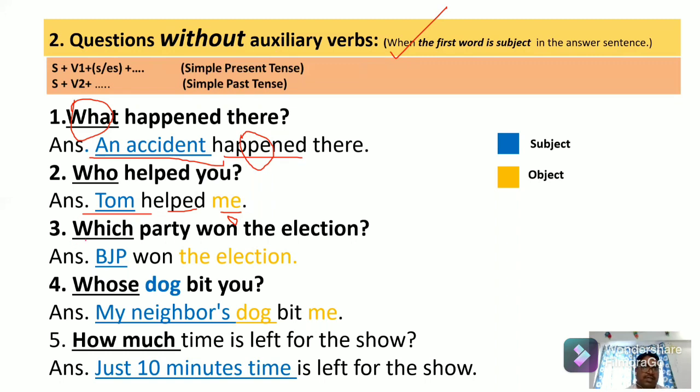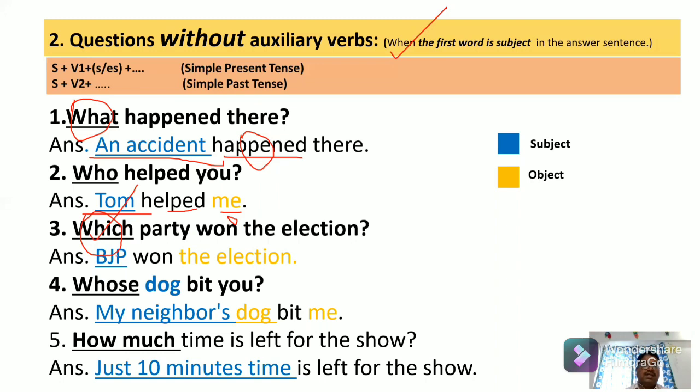Now look at the next question, the third question. Which party won the election? Again, there is no helping verb. Is there any helping verb in this sentence? No. But still it is a grammatically correct question. The question word which is functioning here as a subject. The first word in the answer is the subject of the question word which, right?